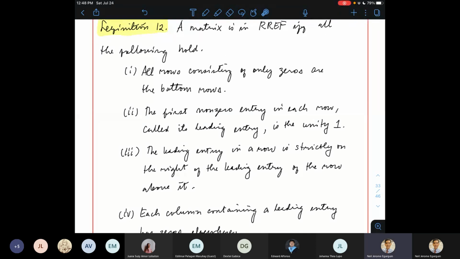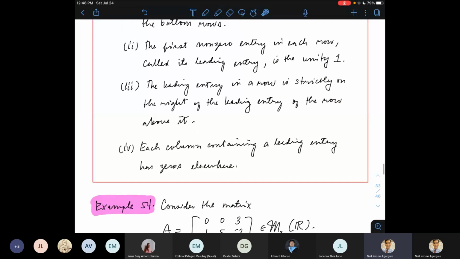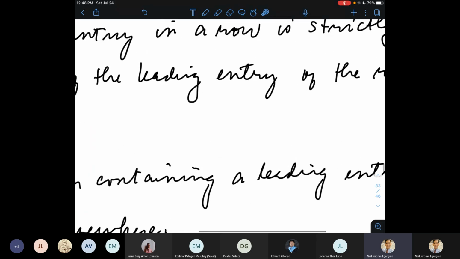Second, the first non-zero entry in each row, we'll call it the leading entry. The leading entry should be 1. Okay, lahat ng leading entries should be equal to 1. Condition 3, the leading entry in a row is strictly on the right of the leading entry of the row above it. So kung meron kang matrix, meron kang leading entry dito.